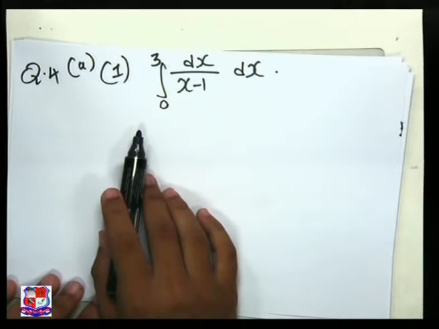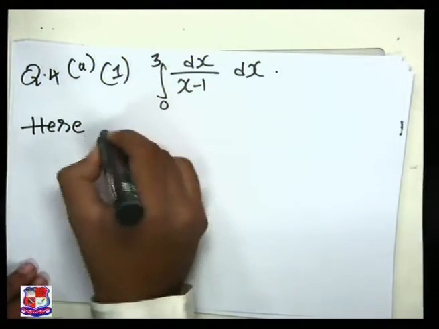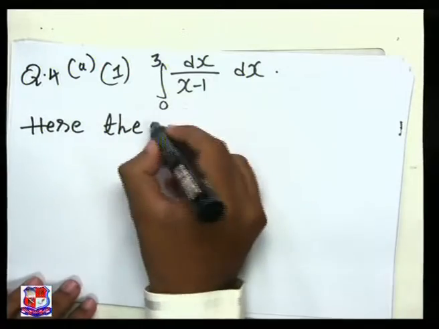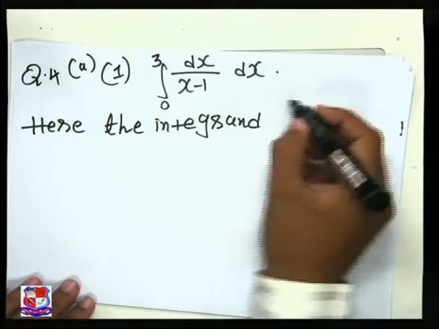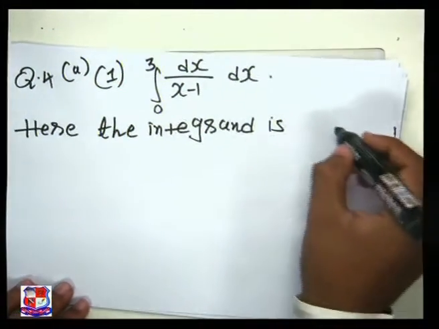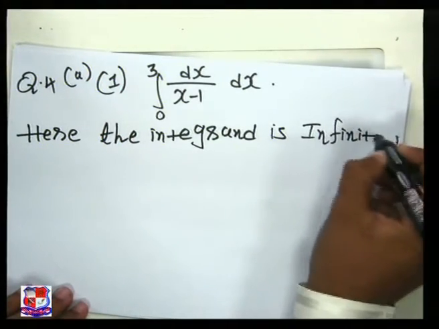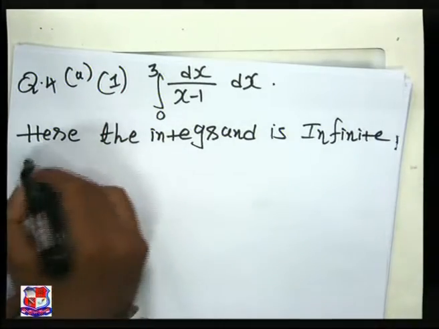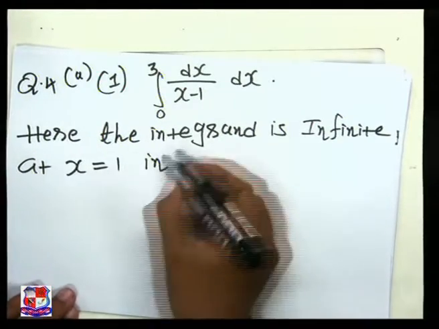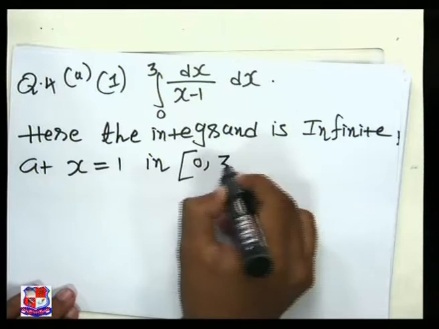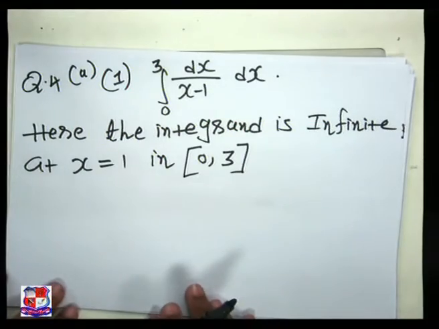So that's why we have to convert here. If you want to write down here, the integrand is infinite at x is equal to 1 in integration 0 to 3. Hence I cannot be evaluated directly.